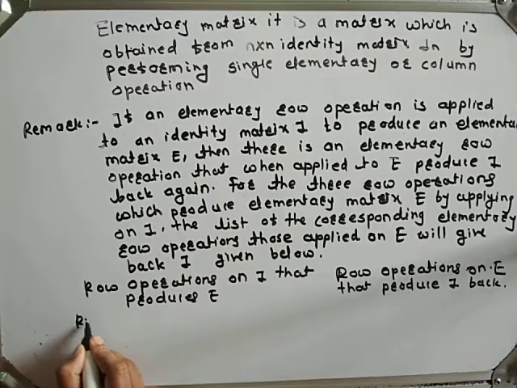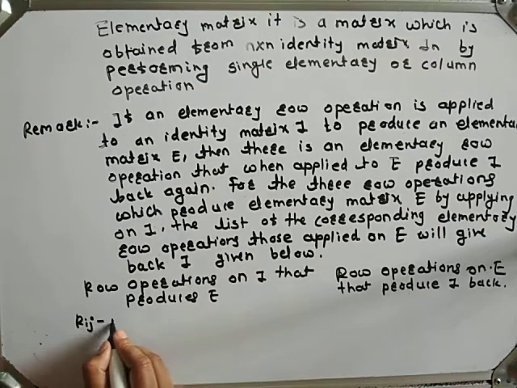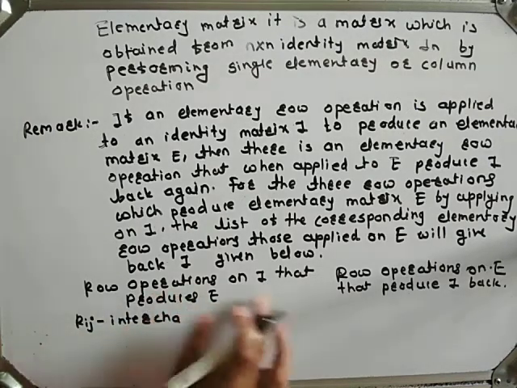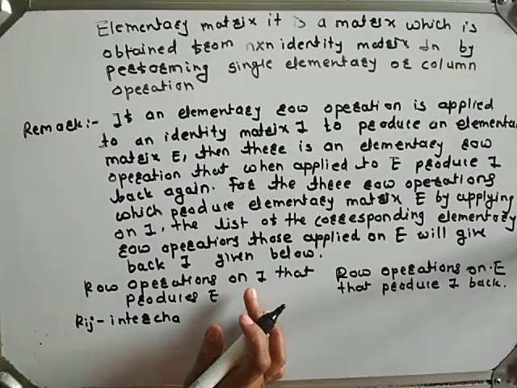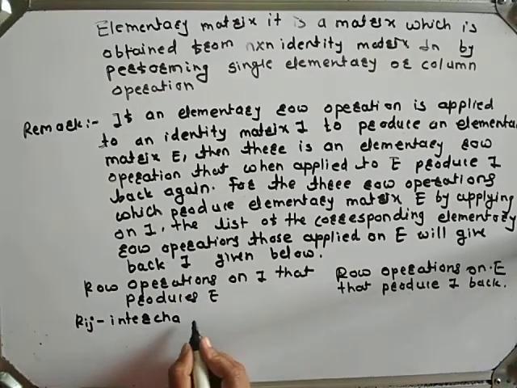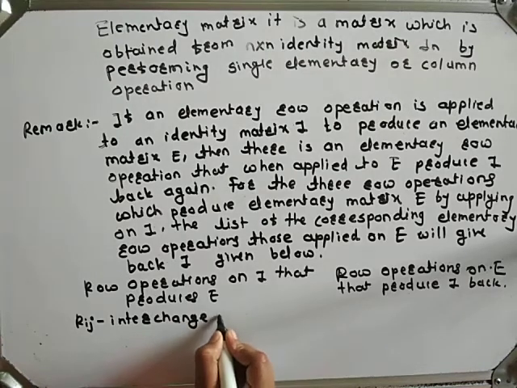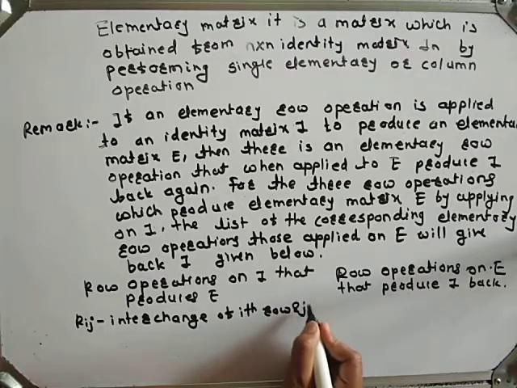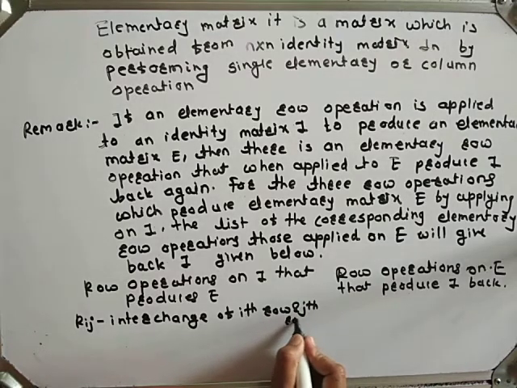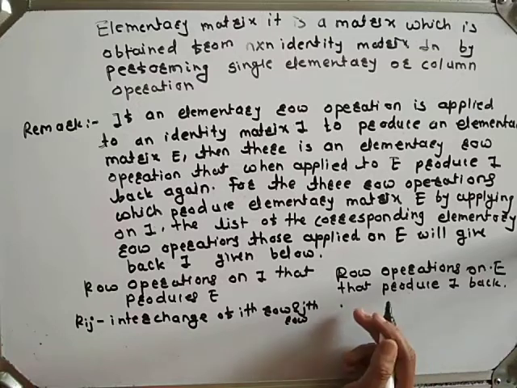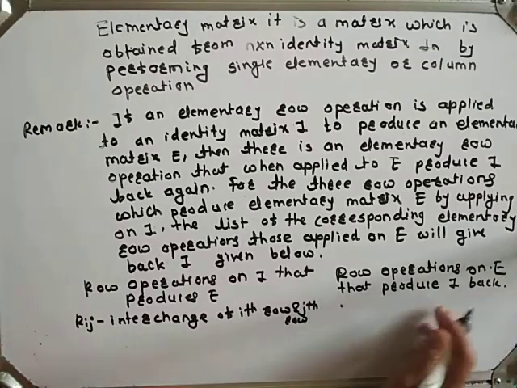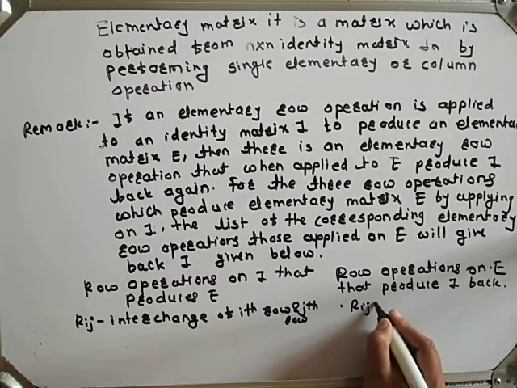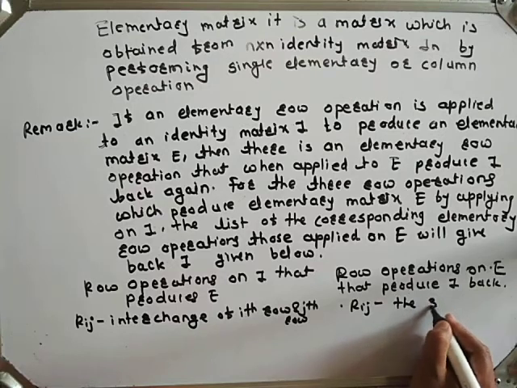First row operation is Rij, that means interchange of the ith row and jth row. The row operation on E that produces I back is Rij, the same operation.